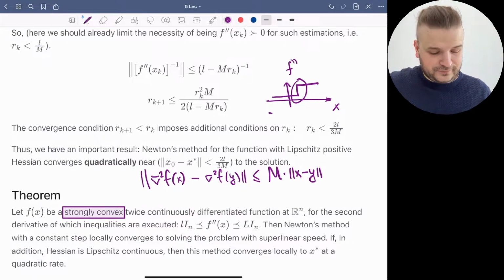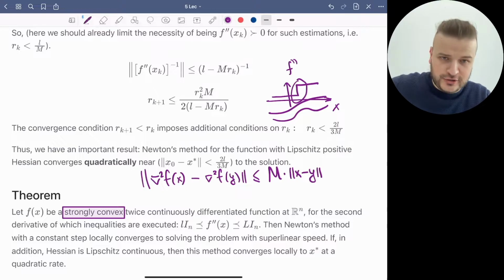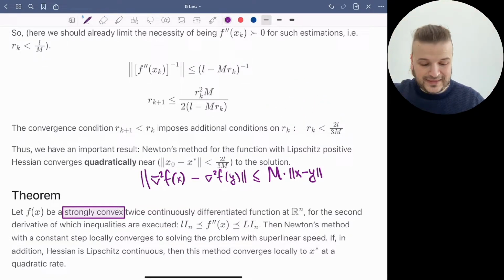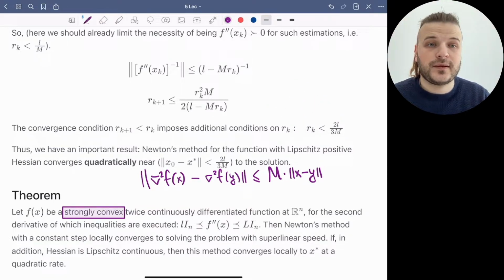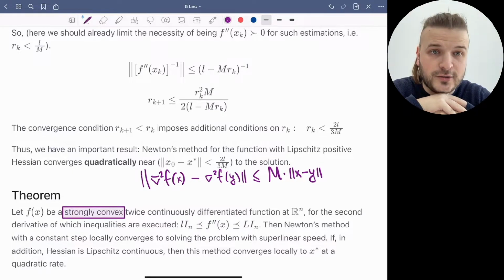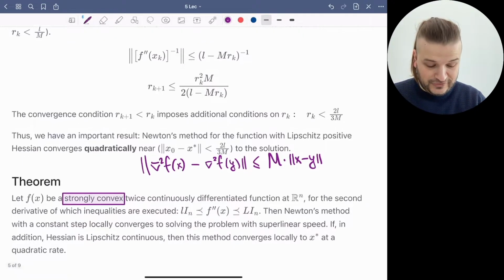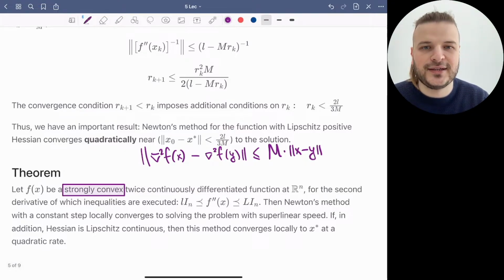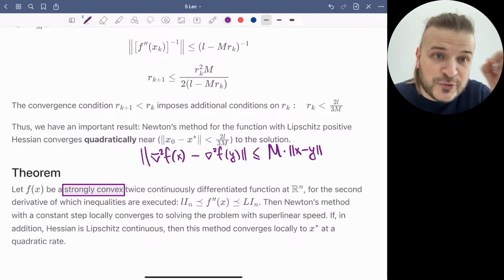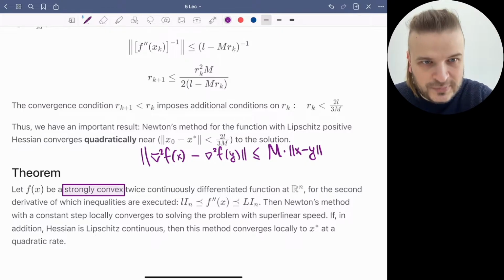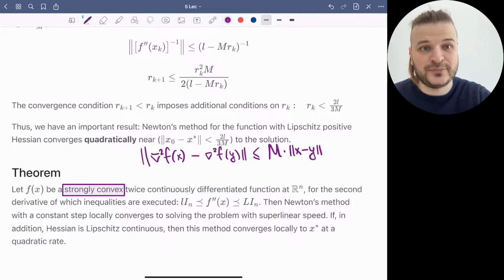It can be any other type of change, but not this instant change. So we have a Lipschitz continuity constraint here on the Hessian, not just on the gradient or the function value. If your Hessian is Lipschitz continuous, that means that moreover your gradient will be Lipschitz continuous and your function will be Lipschitz continuous.